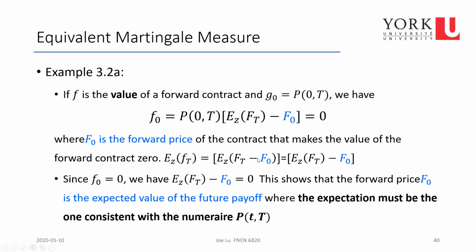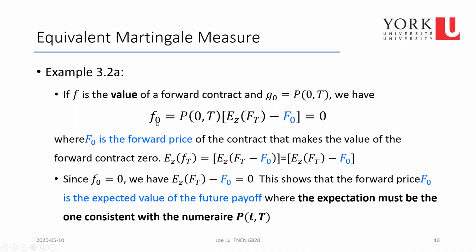So that's the payoff, and you have the expected payoff, or the expected value, of that forward contract. And since F naught is a constant, it really comes down to the expected forward price at maturity time minus the initial forward price, which is the expected payoff.